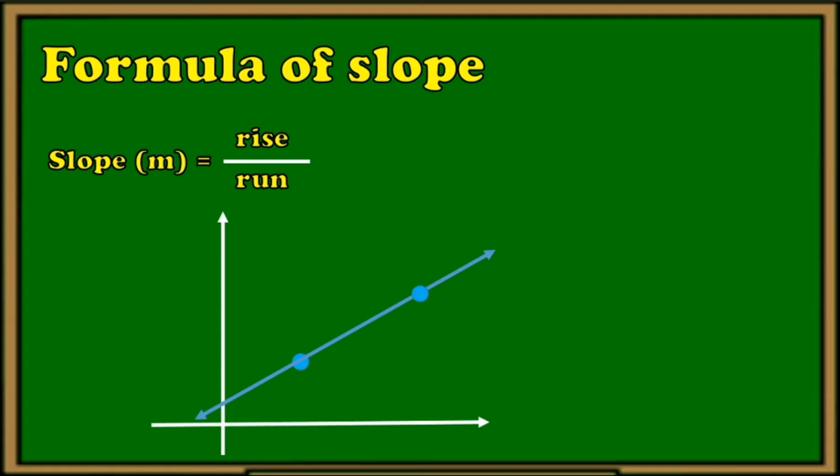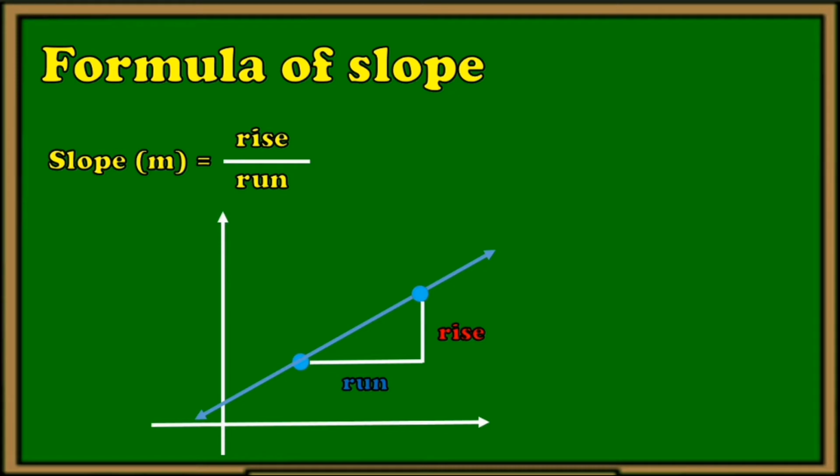To determine the rise, that is the vertical line. And to determine the run, that is the horizontal line. Now we have the rise and run. All we have to do is divide them.